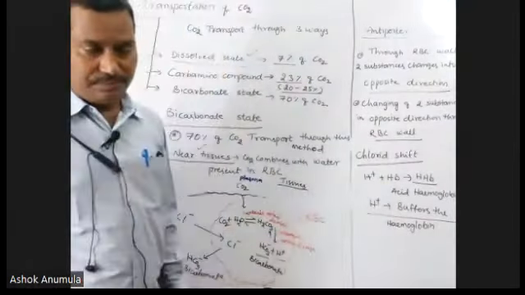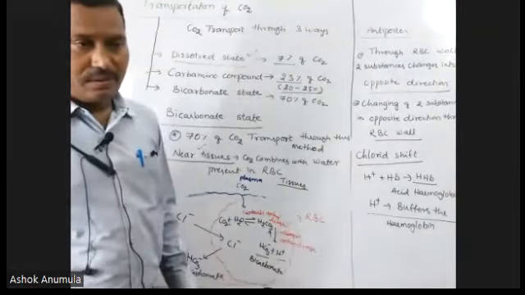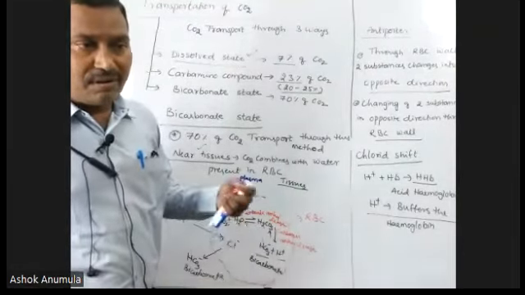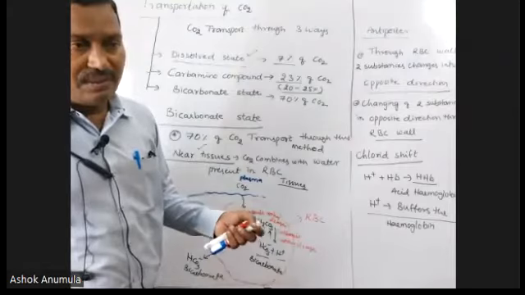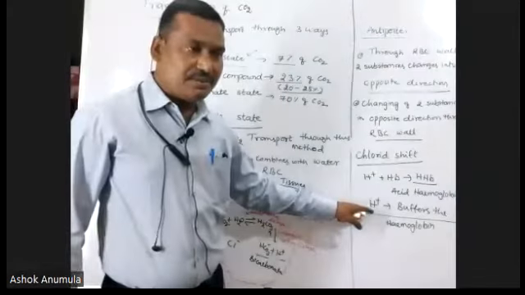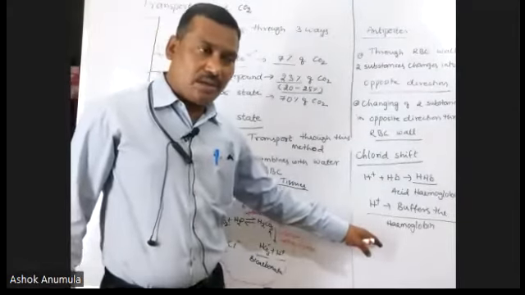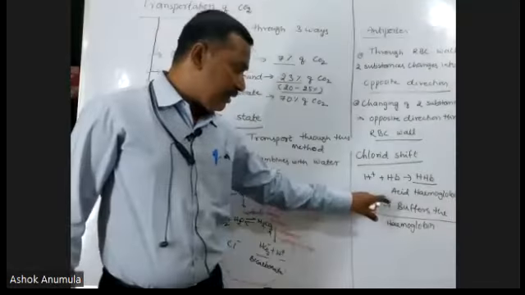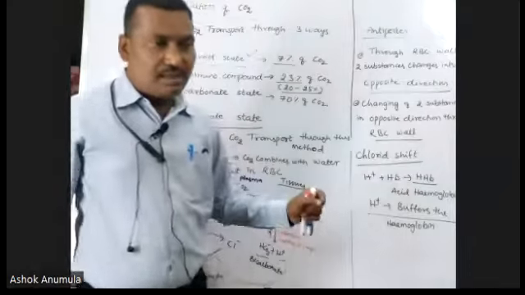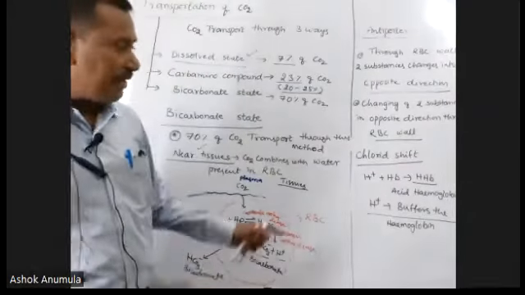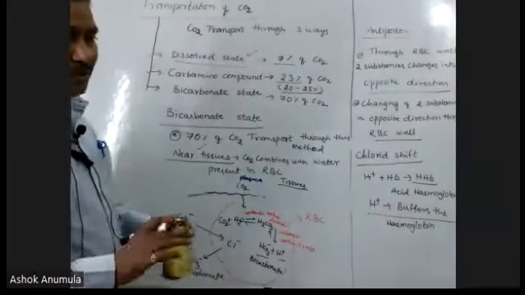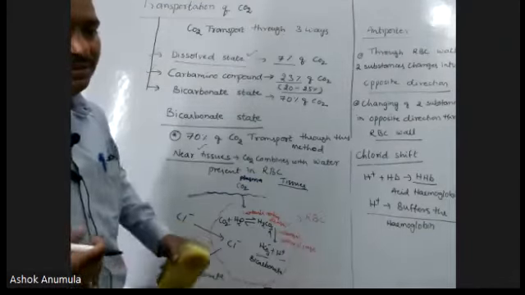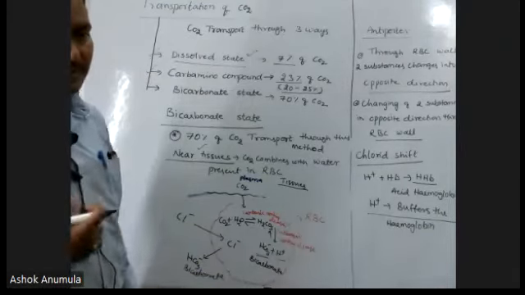It was a question in the previous MSET: hemoglobin is buffered by which ions? H plus ions. They may give options like sodium ion, chloride ion, bicarbonate. But H plus ion buffers the hemoglobin. What is the meaning of buffering? Neutralize.